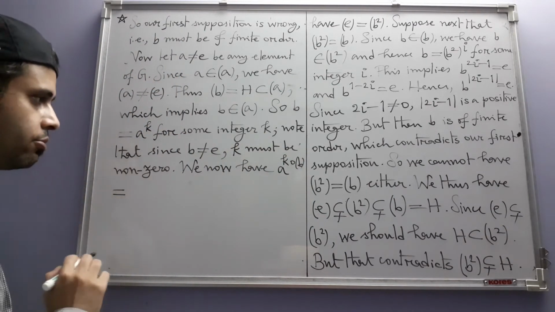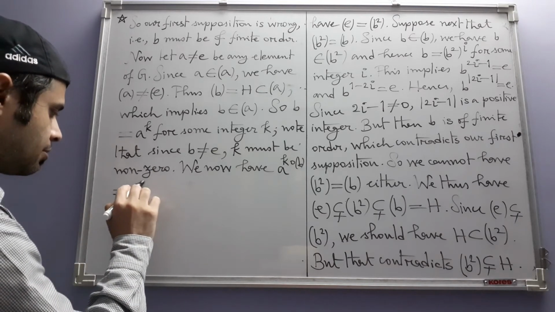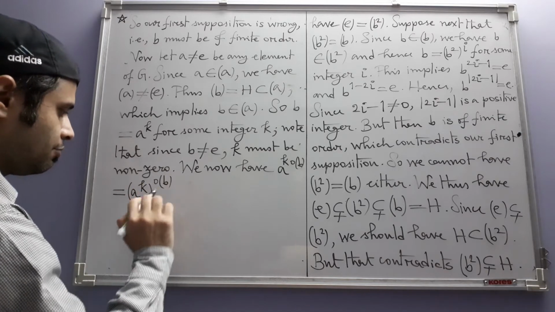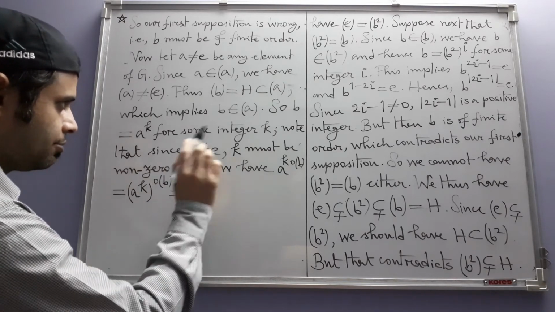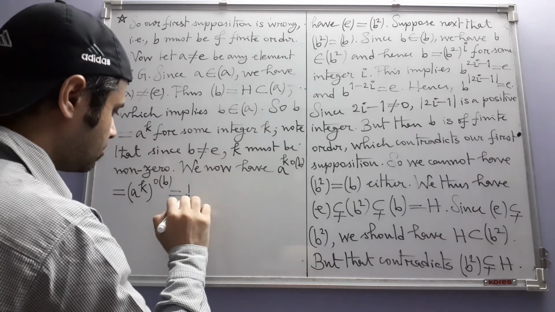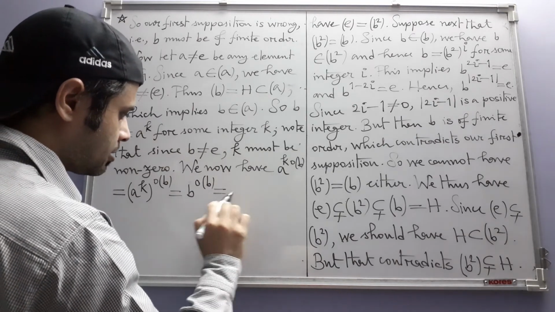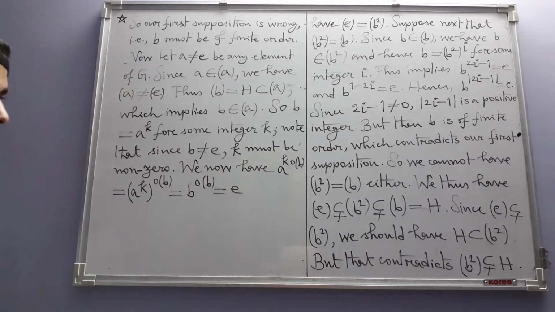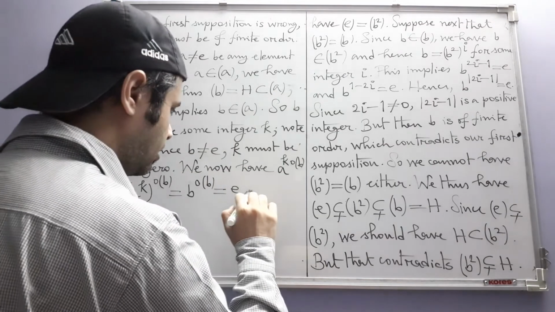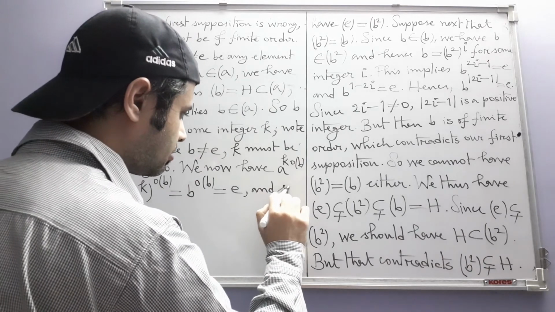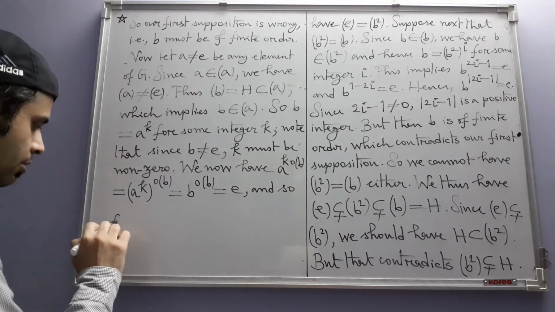By one of the rules of exponent, this is nothing but A to the power K whole to the power order of B. But A to the power K is B, so B to the power order of B, and this is nothing but E. We now have this, and hence if we take inverse on both sides, we will also get this.